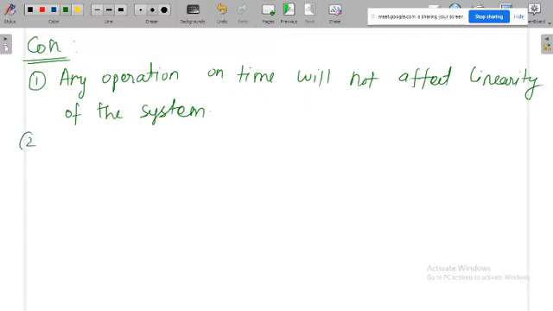And the next, presence of constant will make the system non-linear.